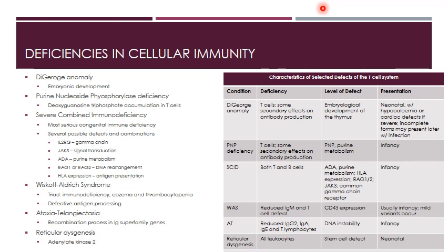You have to see all 3 of those in order to call it Wiskott-Aldrich syndrome. Generally speaking, this has been lethal in childhood because of infection, but also because of thrombocytopenia, you could have hemorrhage as well. The other thing that has also occurred is malignancy. So this is a very severe immune deficiency.